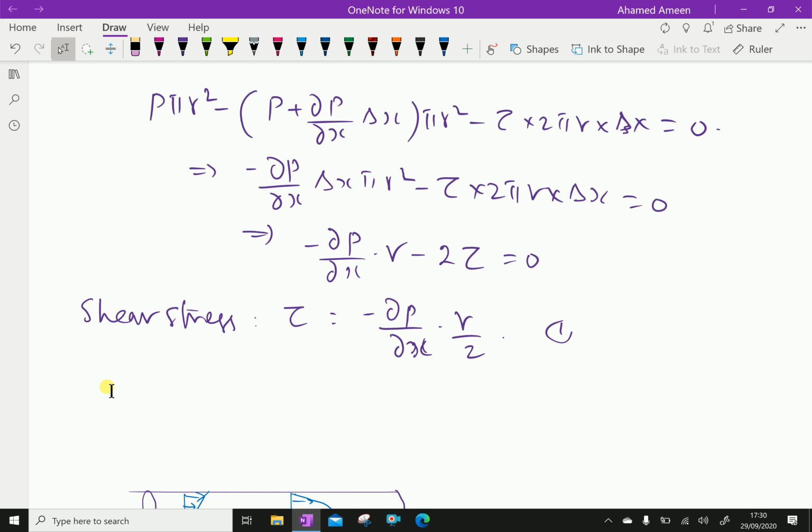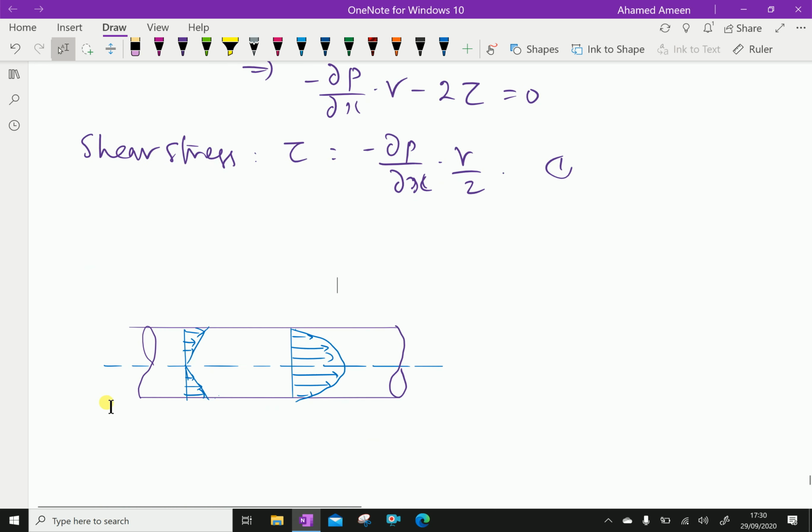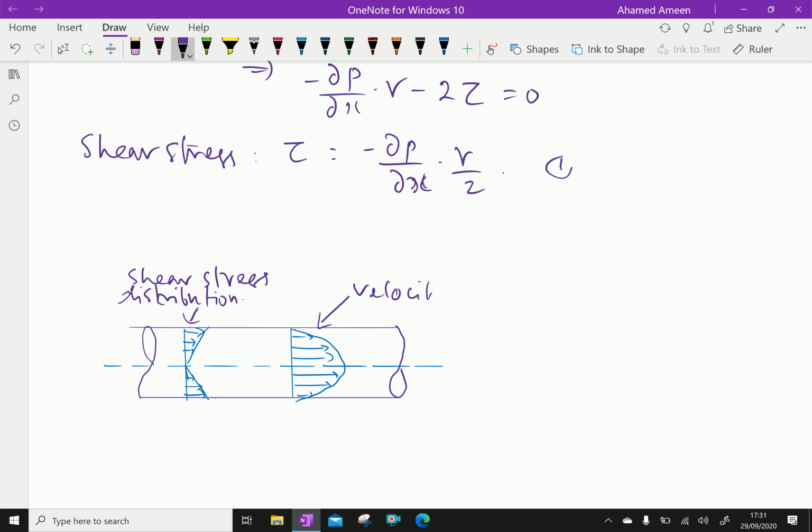Hence this is the shear stress distribution, which is triangular, and the velocity distribution is parabolic.